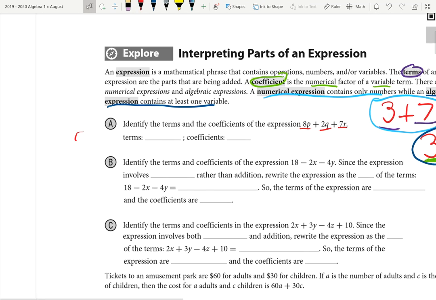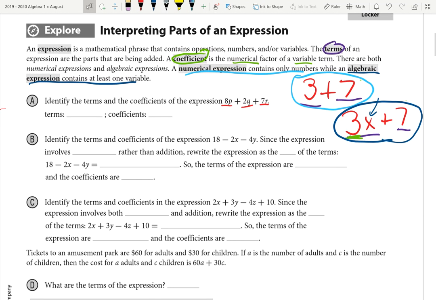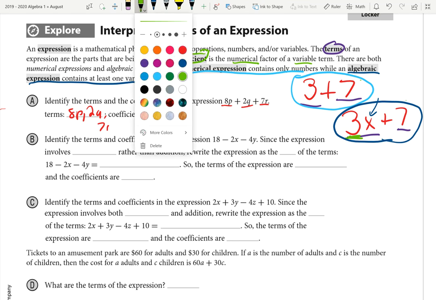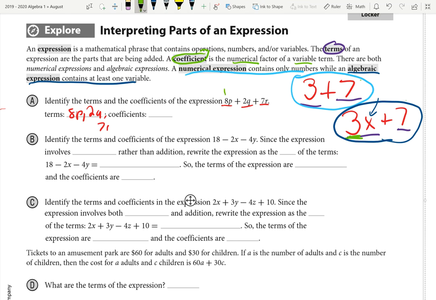So the terms are 8p, 2q, and 7r. The coefficients, remember, are the numbers associated with the front of those terms. So 8 is the coefficient for p, 2 is the coefficient for q, and 7 is the coefficient for r. So simply 8, 2, and 7 are coefficients here.